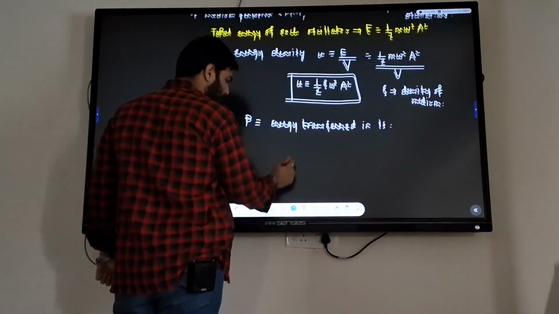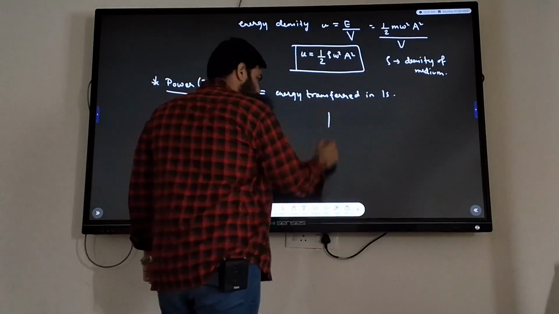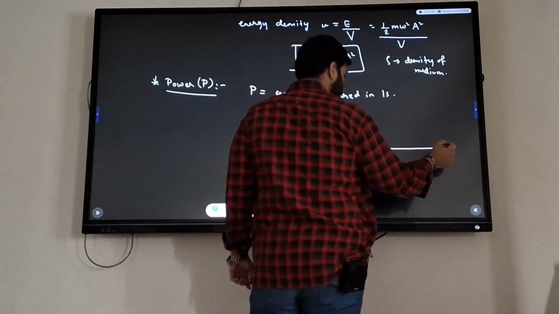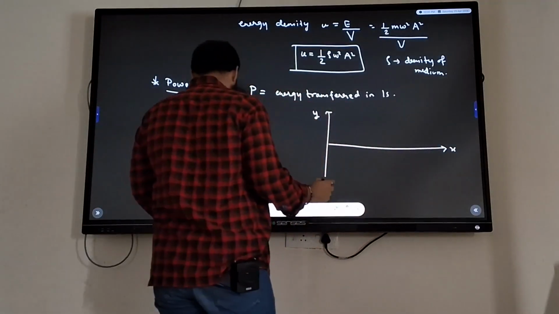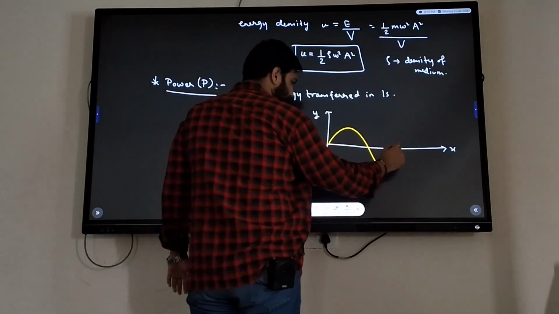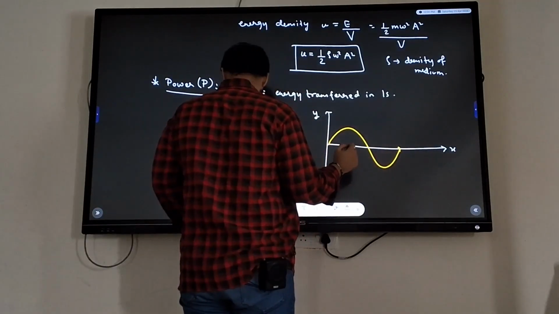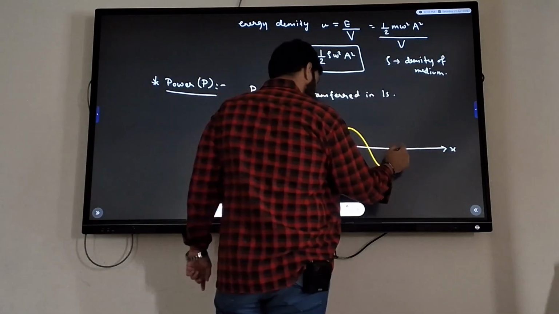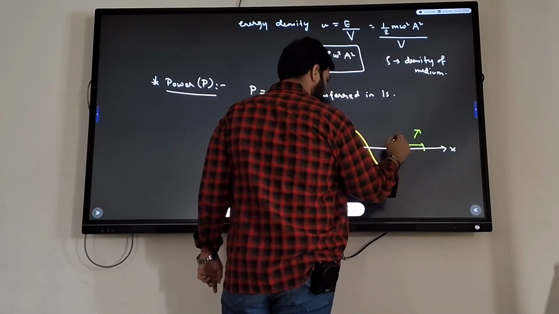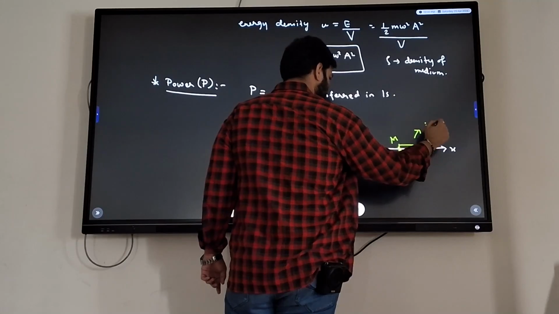Let's try to make a diagram before getting into this. Let's say this is my y, this is my x, and I'm not fixing time or anything. I have a wave like this, and this wave travels from this point m to this point n in 1 second.